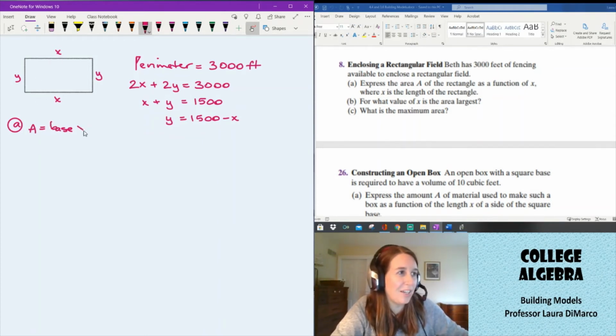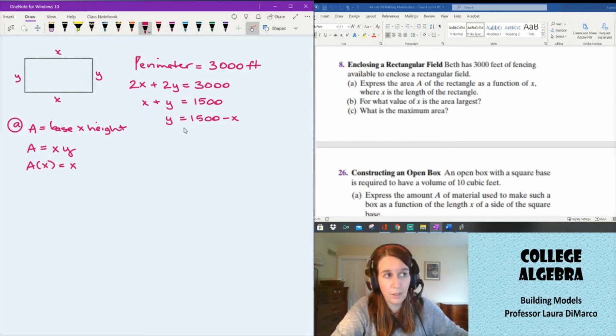All right, so area is base times height. In this case, the area would be base x times height y, right? But if we want the area in terms of x, just like we've done on other problems, we keep the x, but for y, we substitute what we know about y. So right here, we have an equation to substitute in for the y.